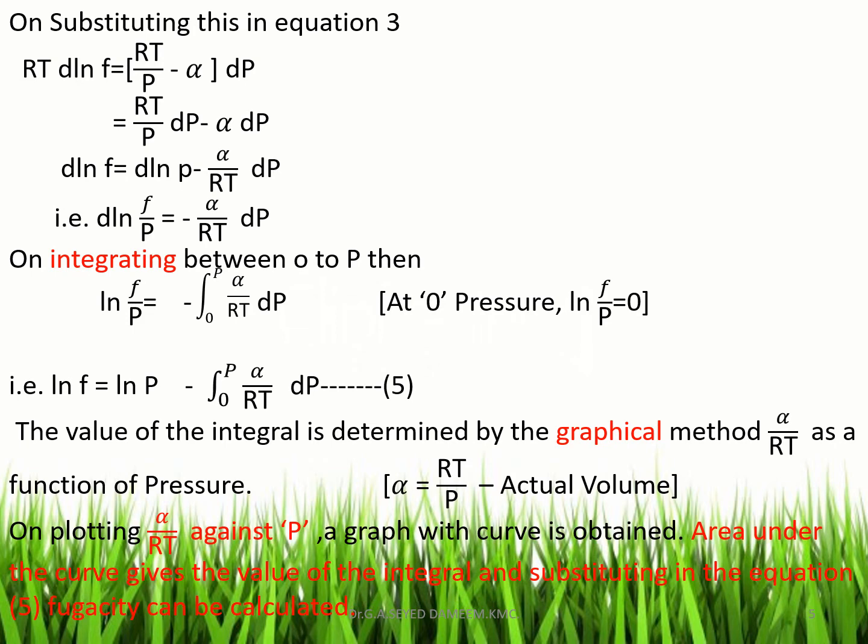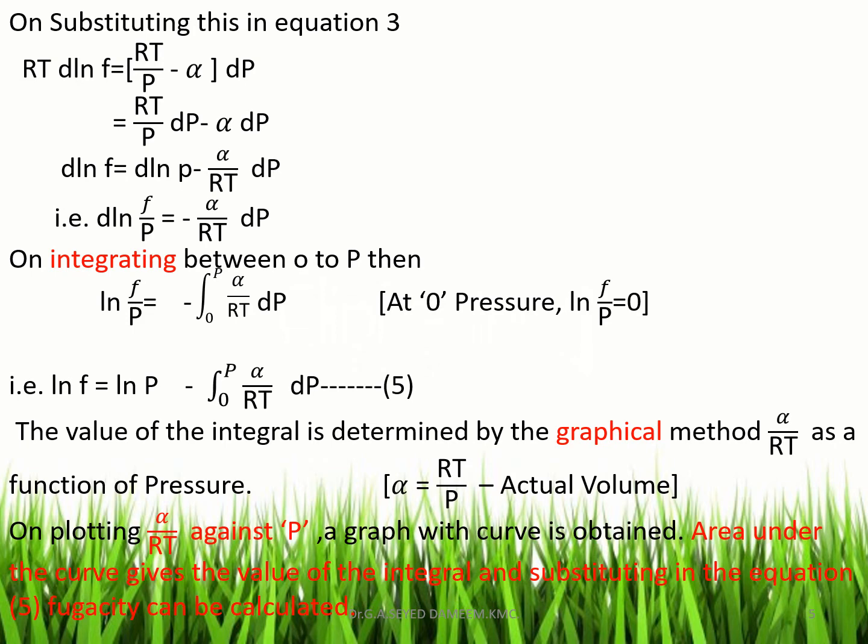We have already discussed alpha, that is the deviation of real gas volume from ideal behavior. Alpha is equal to RT by P minus the actual volume. The first term is the ideal gas volume, the second term is the volume of real gas, that is the actual volume. So on plotting alpha by RT against pressure, we get a curve.